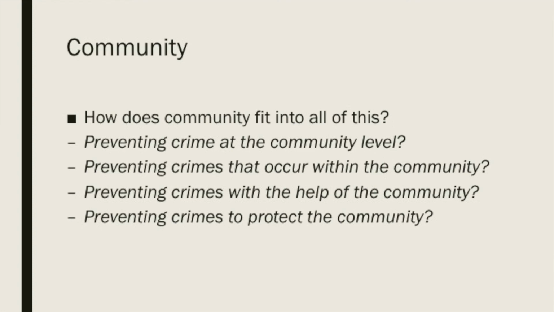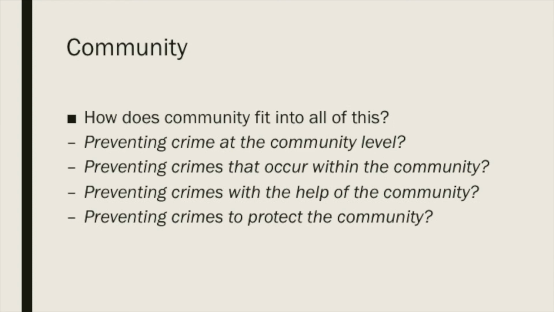Now, that's not to say that any one of these questions or approaches is the correct one, but it is to say that we need to think about what is being assumed when we discuss different theories and approaches of prevention.